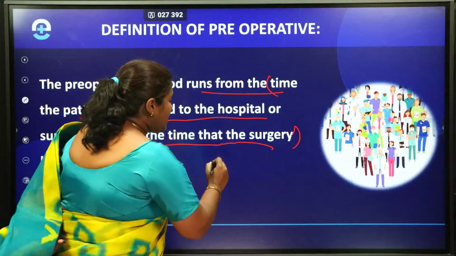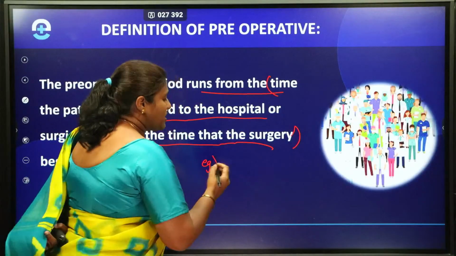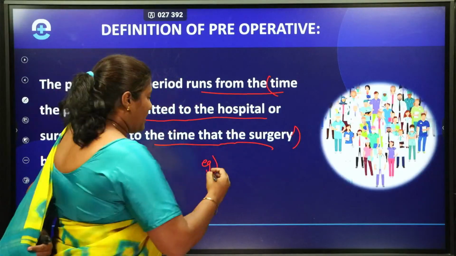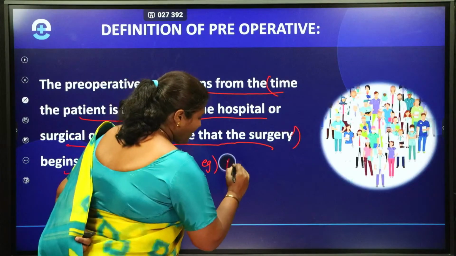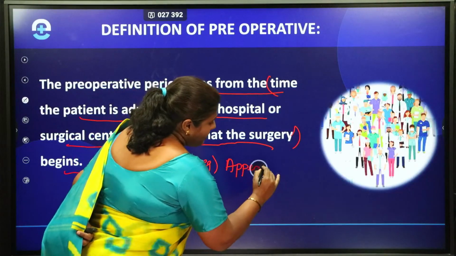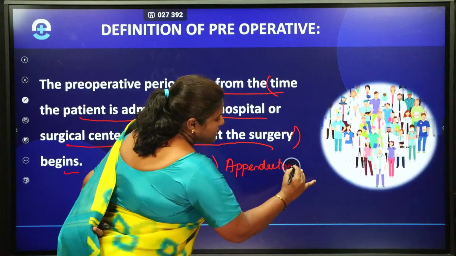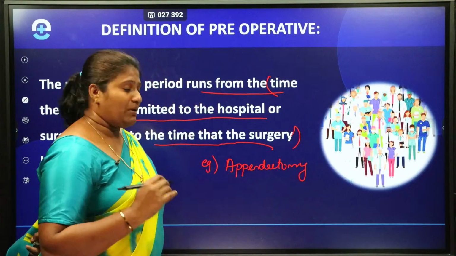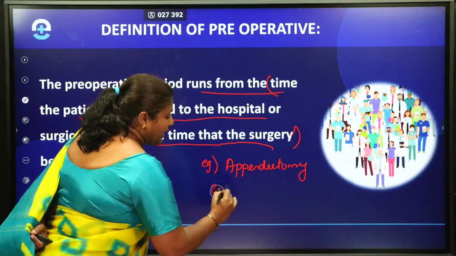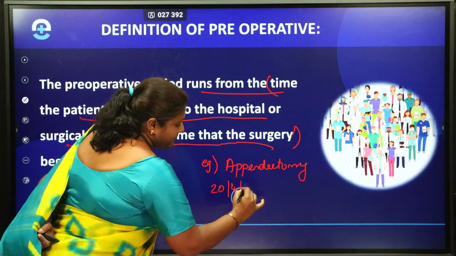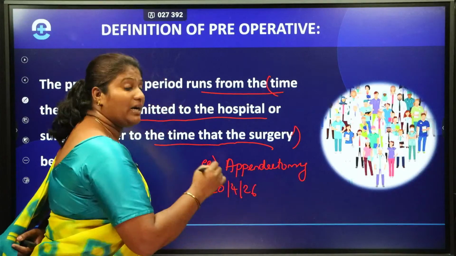For example, the patient has come for a surgical procedure like appendectomy. The patient is coming for admission. The doctor gave 20 April as the surgery date. The patient came on the 19th itself.